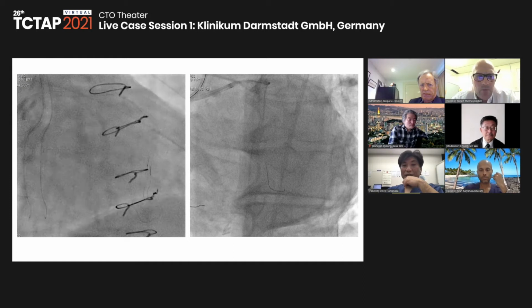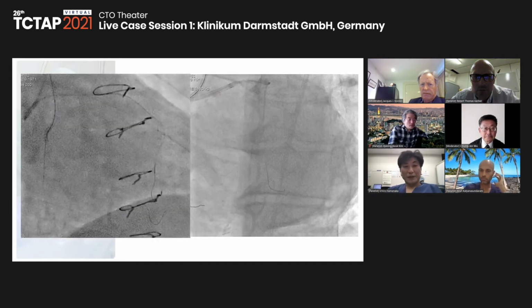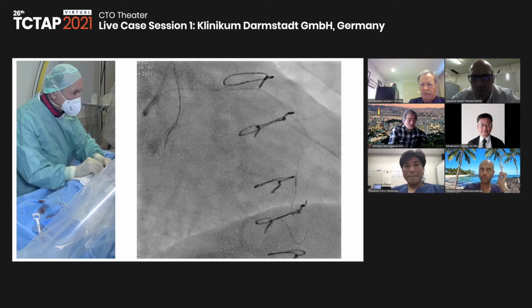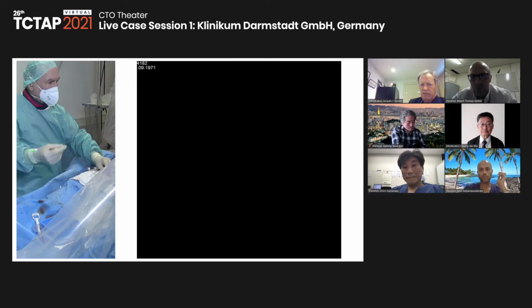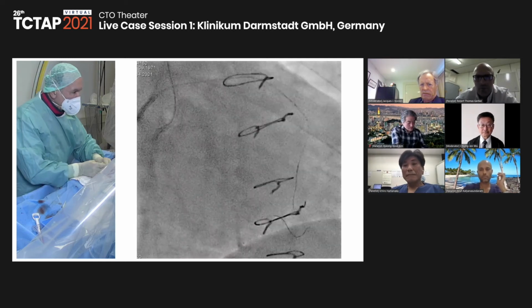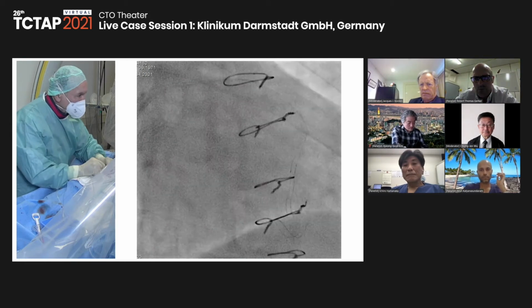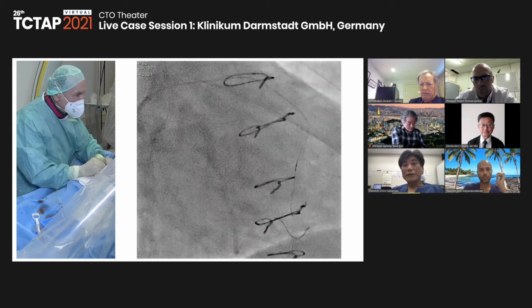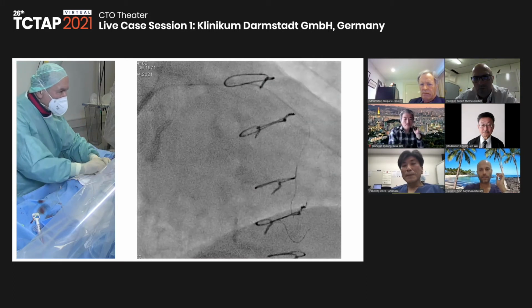This channel is very small, so I wonder if the tip injection can... Actually, it's stuck. It doesn't get out actually. The wire? No, the microcatheter. Yeah, it's very surprising.